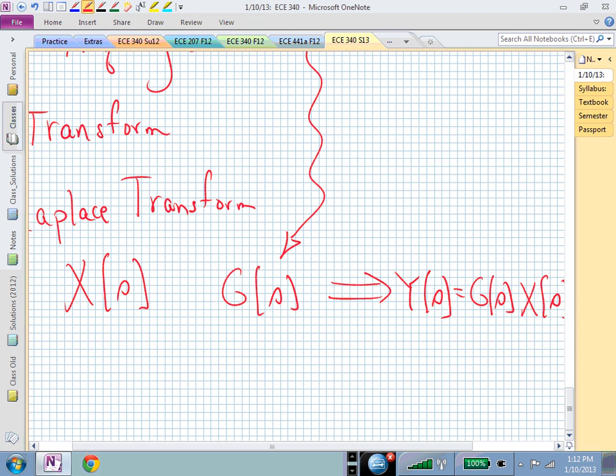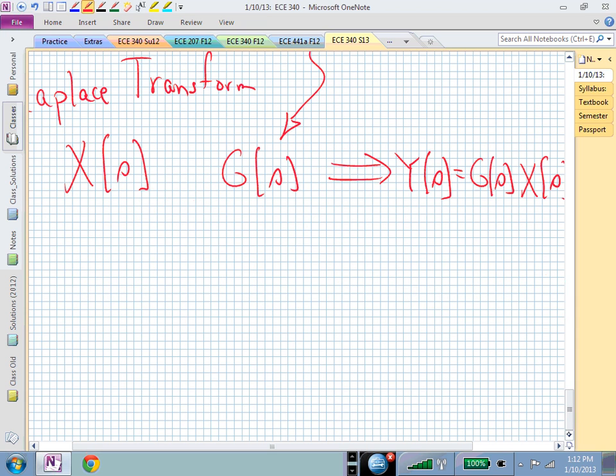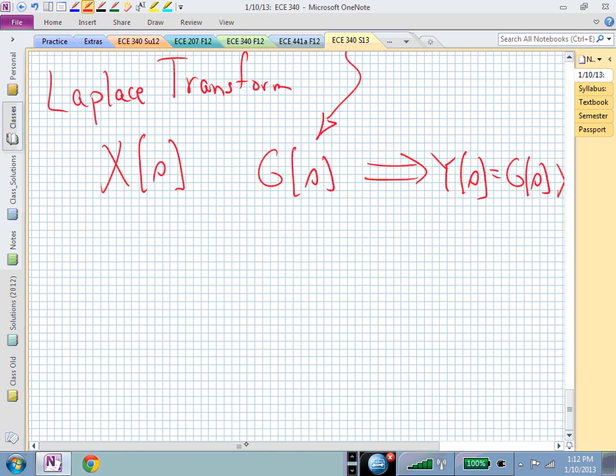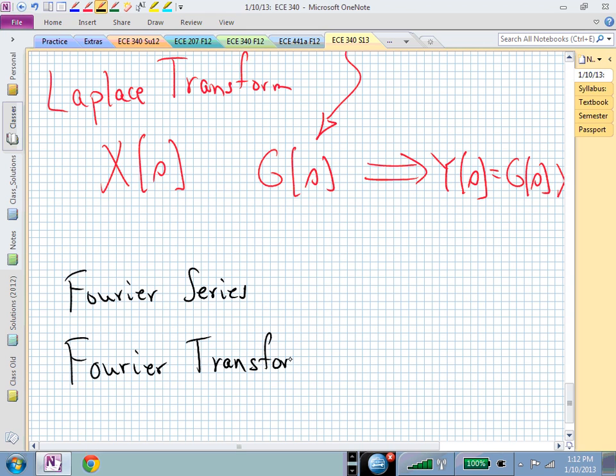Because of working in the frequency domain, which we might actually need to talk with respect to our signals, we may want to be talking about Fourier series, if we had periodic signals x of t, or if they were aperiodic, we may want to be talking about Fourier transforms. Both of those tell us information about the frequency content of our signal x of t. But once we have this signal in the frequency domain and we have our system in the frequency domain, now we can just multiply that together.